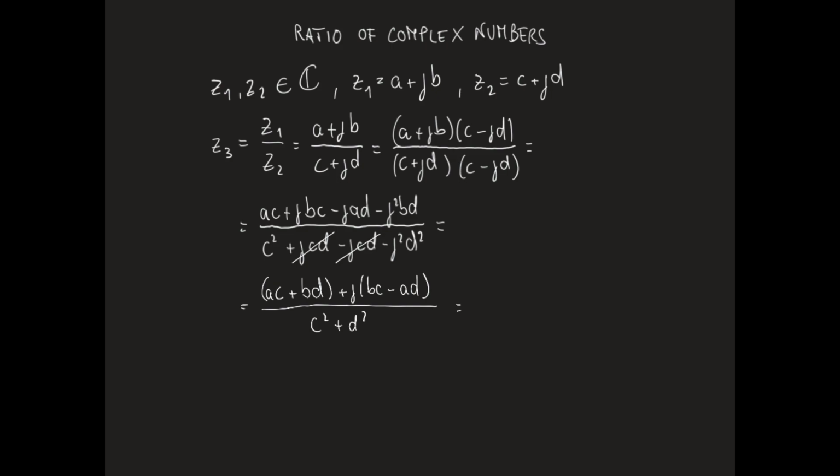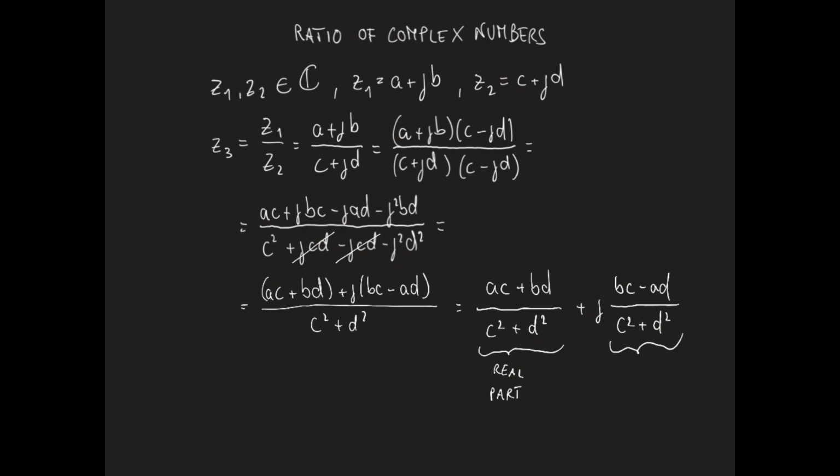And eventually we get AC plus BD over C square plus D square as the real part of the ratio plus J BC minus AD divided by C square plus D square, where BC minus AD divided by C square plus D square is the imaginary part of the ratio.